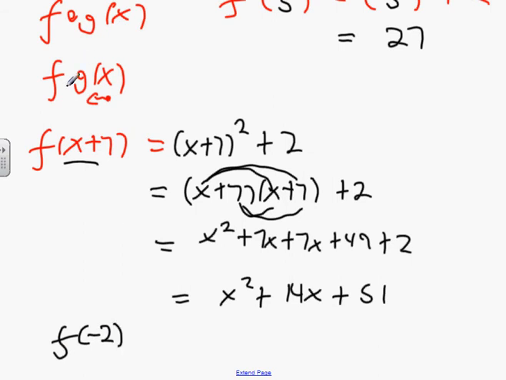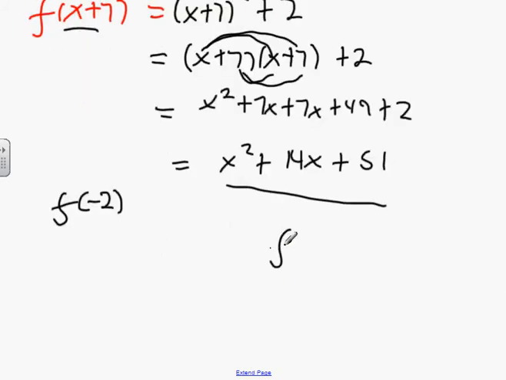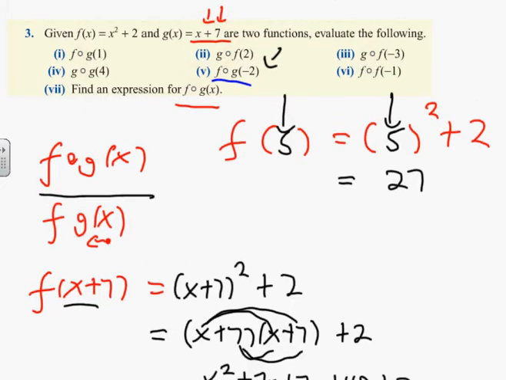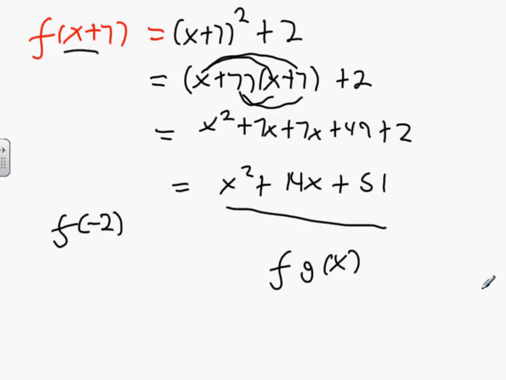So remember, this whole thing here, that I'm just after underlining, is an expression for f g of x, yeah? Earlier in the question, I already got the answer for f g of minus 2, and I knew that the answer was 27. Now, by this logic, if I replace x with minus 2, what should happen?